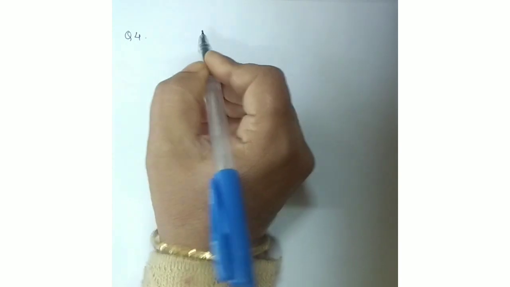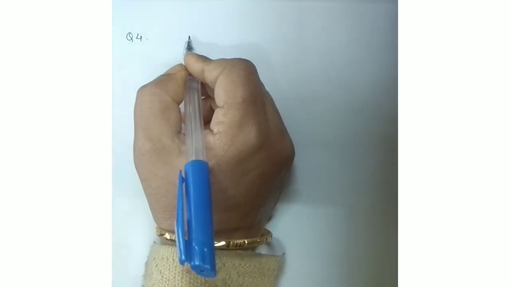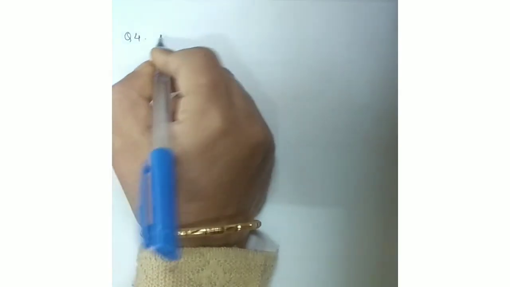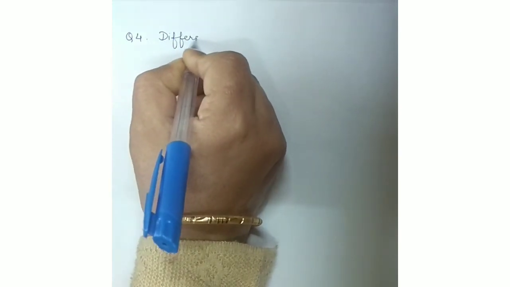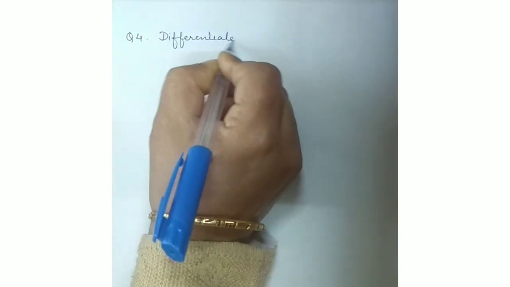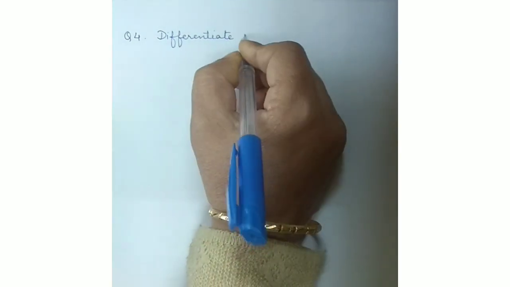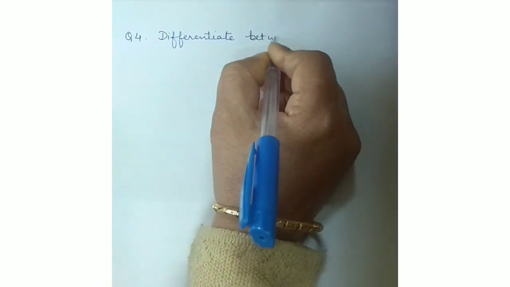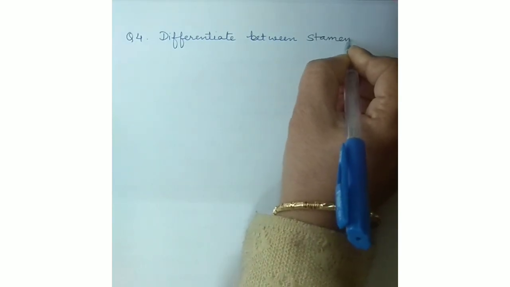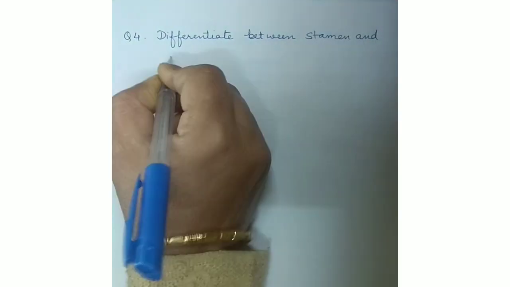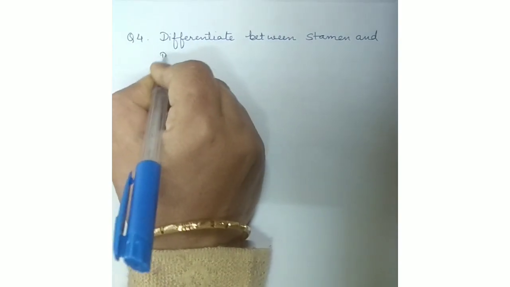Now, your next question is question number 4. Differentiate between stamen and pistil.